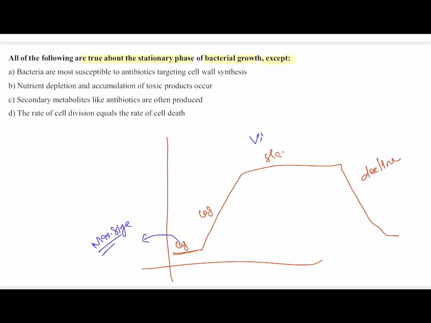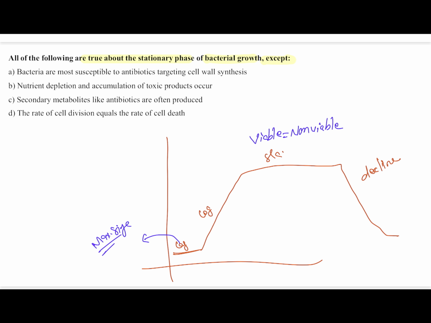Next phase is the stationary phase. Stationary phase means viable bacteria are equal to non-viable bacteria, so you will not get uniform staining. In this stage growth is not happening because of lack of nutrients.